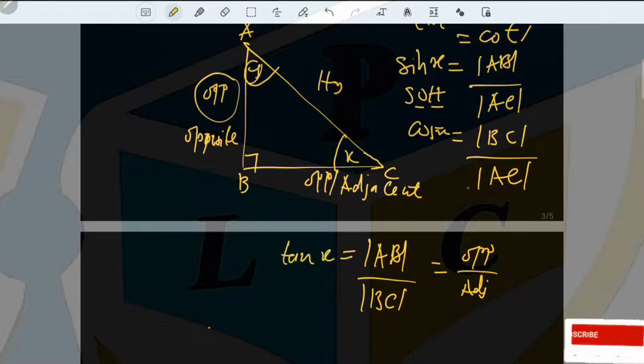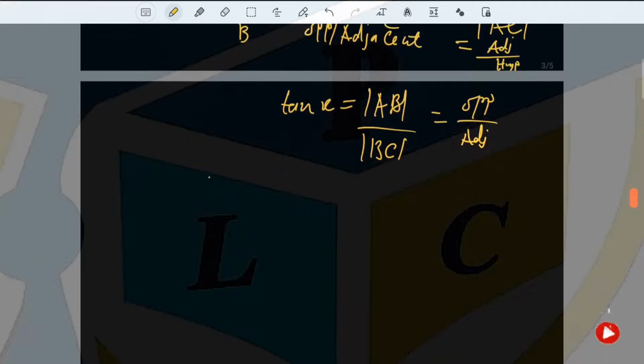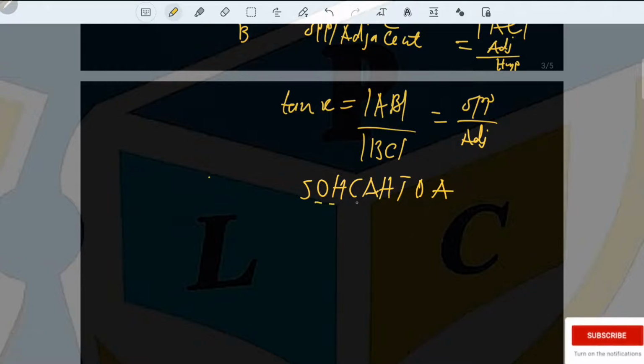Cos too, its base formula is adjacent over hypotenuse. So that is the concept. To help you remember these formulas, we have certain mnemonics, we call it SOH CAH TOA. SOH means sine, opposite over hypotenuse, CAH, adjacent over hypotenuse, and TOA, opposite over adjacent, that is tangent.